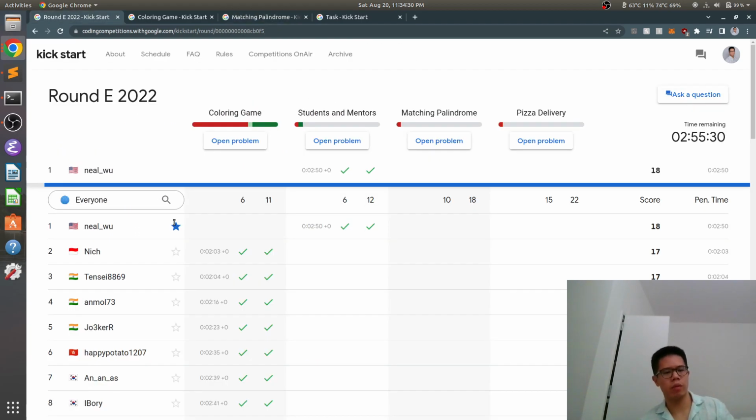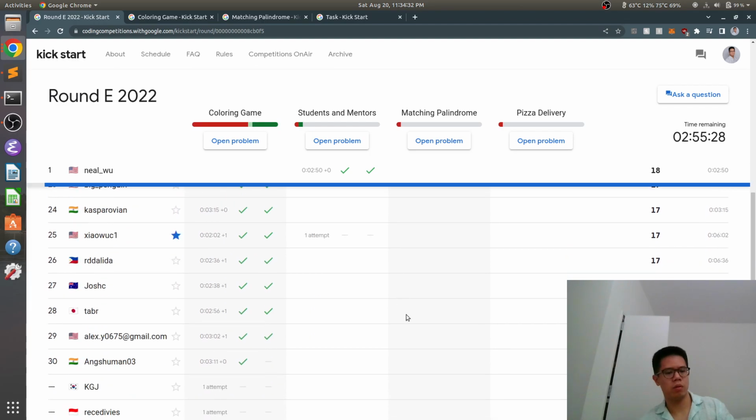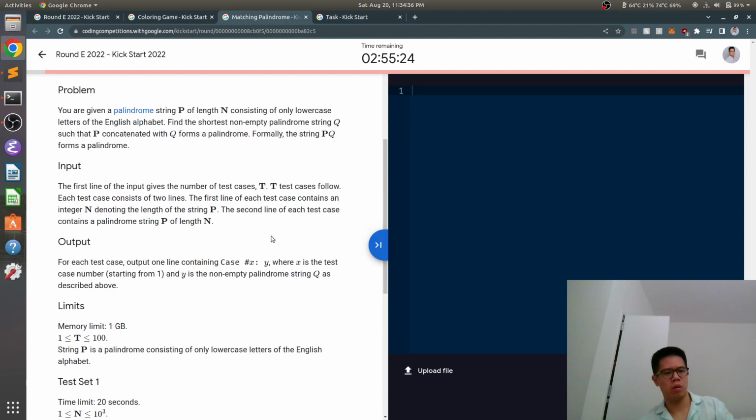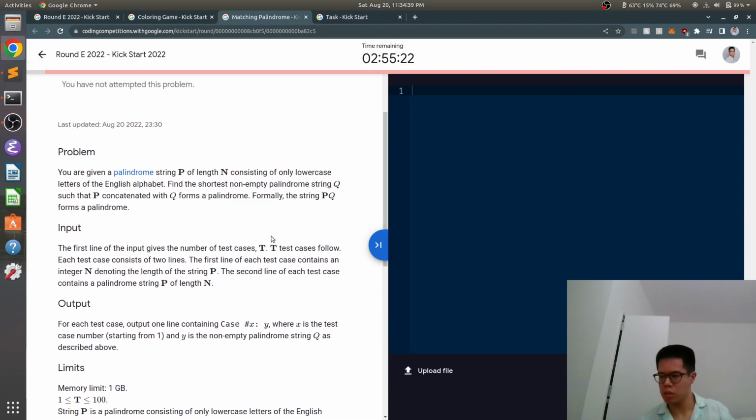That's very interesting. So P is a palindrome, and Q is a palindrome. So I didn't read this properly. P is a palindrome. Q is a palindrome.